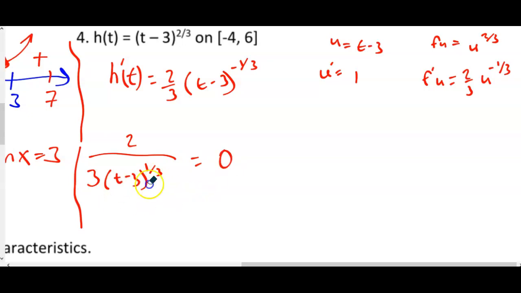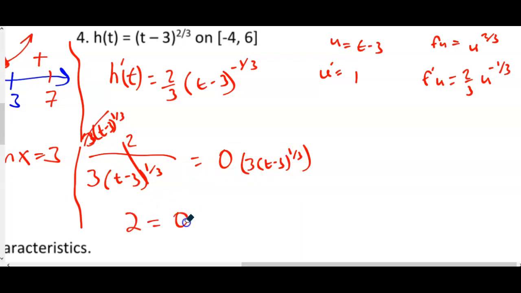Now we're going to multiply by this denominator on both sides. And do that over here. All right, that's 0. So you have 2 equals 0. And that's not true. All right. 2 is not equal to 0.